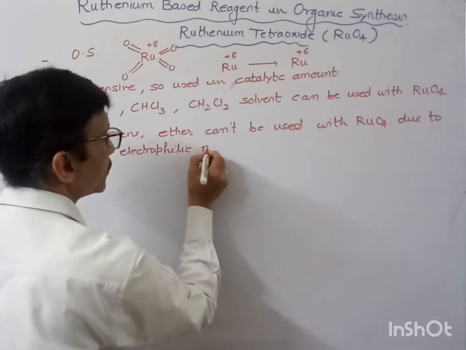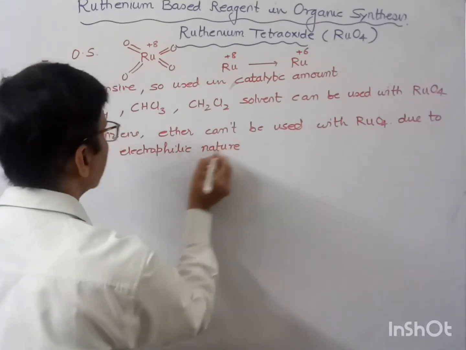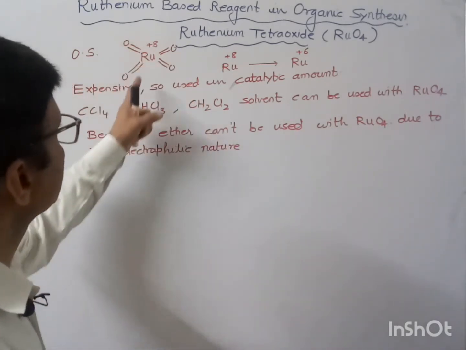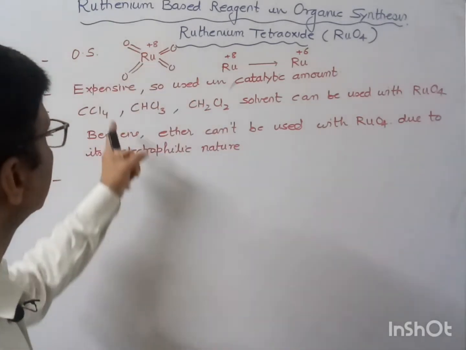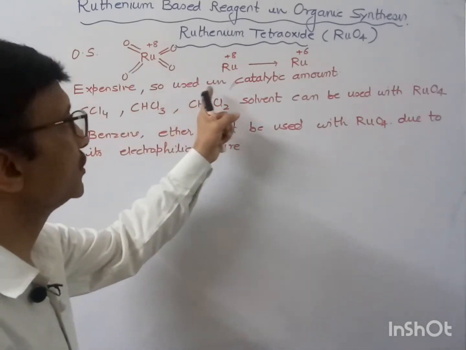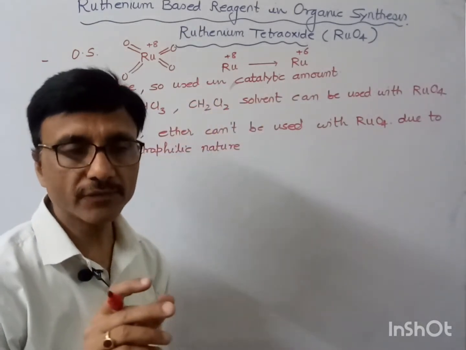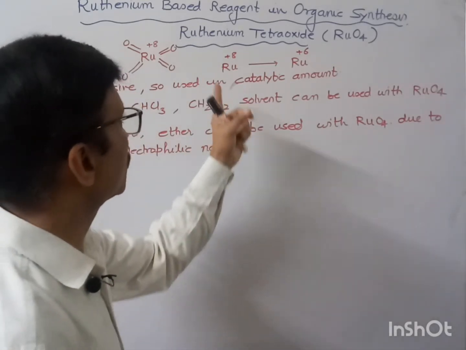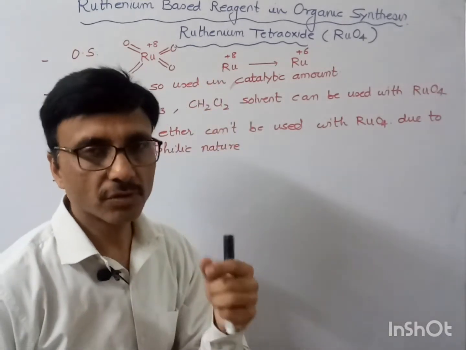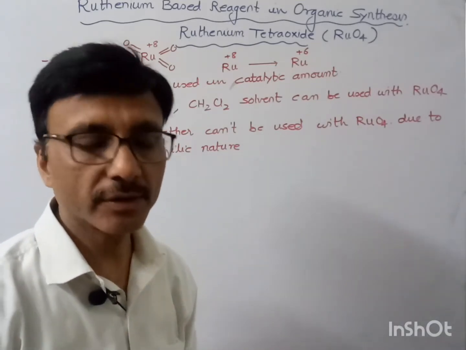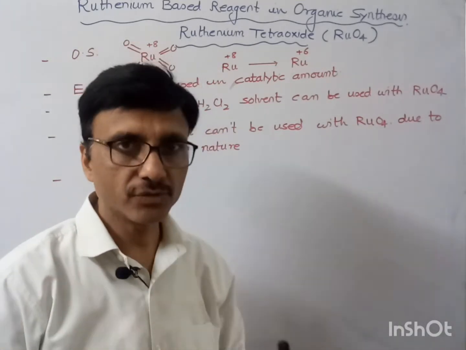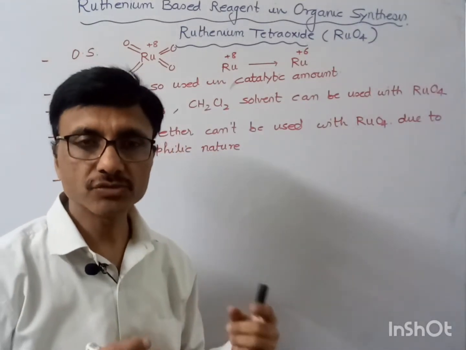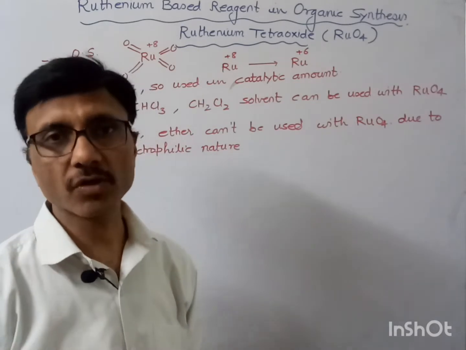Next, as I told you, ruthenium tetraoxide is expensive, and it is used in catalytic amount, a very small amount. So after consumption of ruthenium tetraoxide, how can we carry out the oxidation of a large amount of organic substrate?